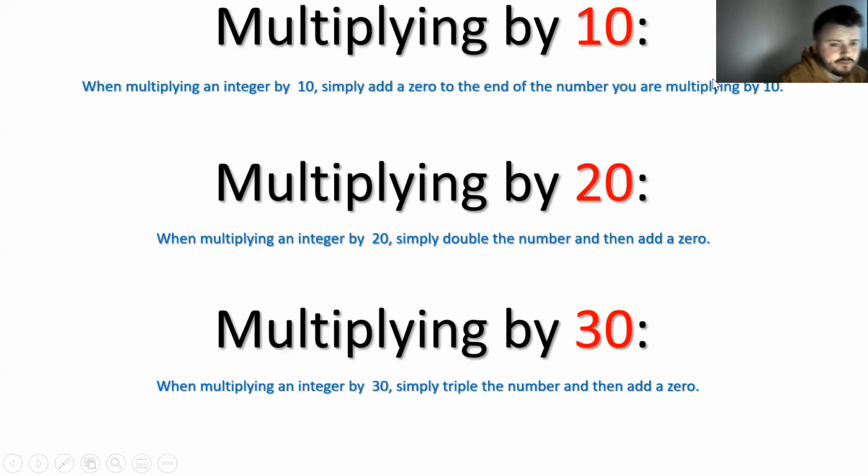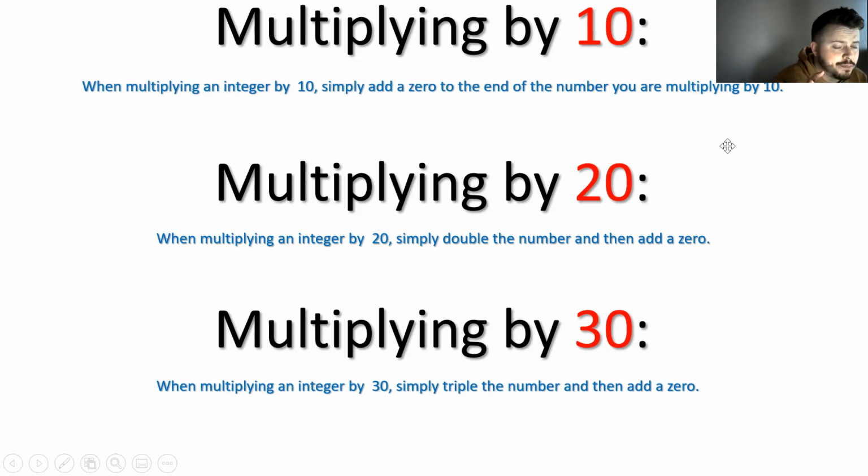So the first thing we're going to do is remind ourselves of the rules when multiplying by 10, multiplying by 20, and multiplying by 30. When we multiply by 10, if we're multiplying an integer, so a whole number, not a fraction or a decimal, all we need to do is stick a 0 on the end of that number.